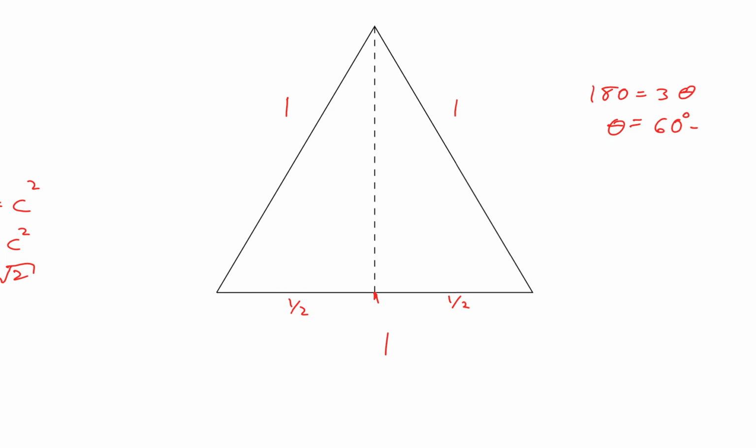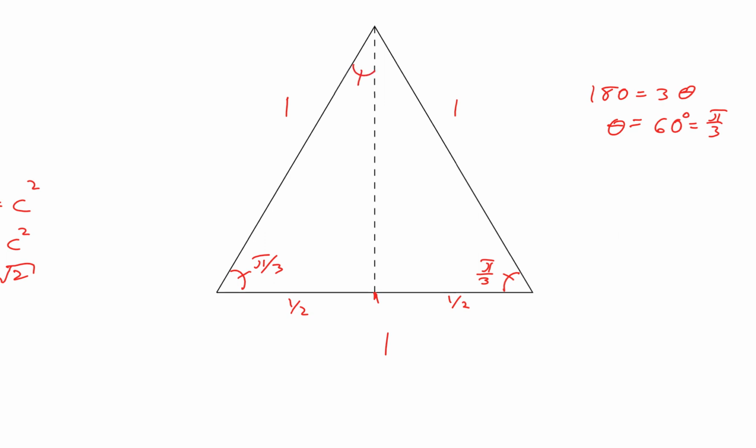We know from the table on the other side that 60 degrees is the same thing as pi over 3. So let's fill this in. This would be pi over 3, pi over 3. And note that this line again is cutting this angle in half.